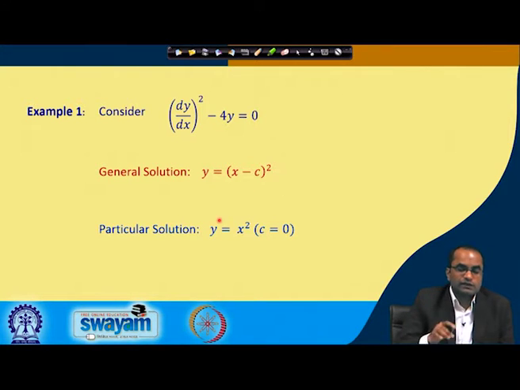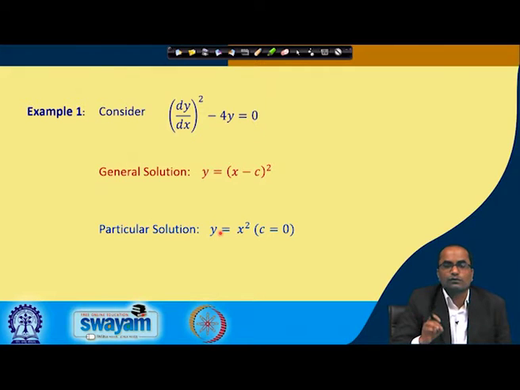Now we have a particular curve out of this family. So, we call this a particular solution, not the general solution. This was the general solution. Both are solutions, but one is the general solution, and the other is a particular curve out of this family of one-parameter curves.